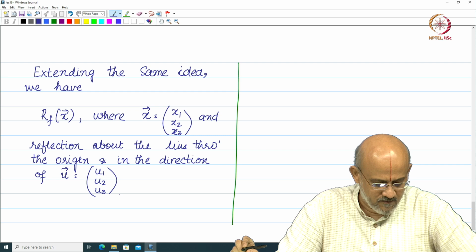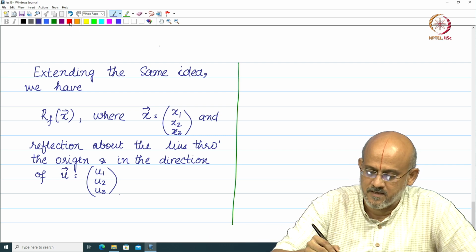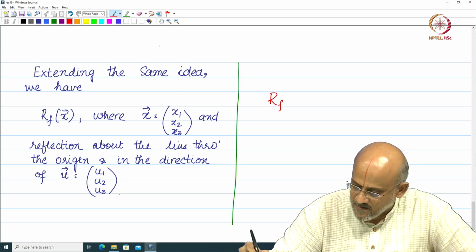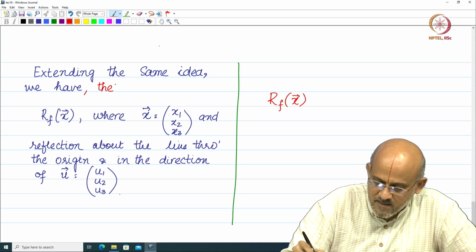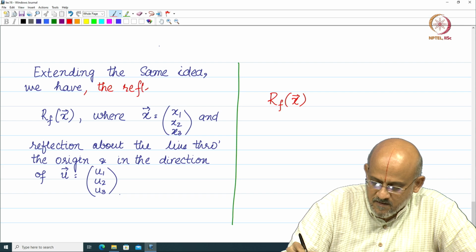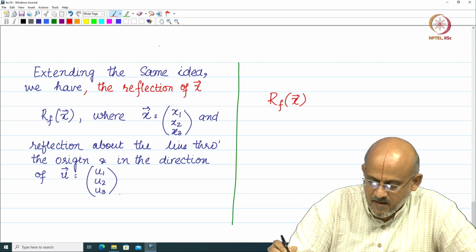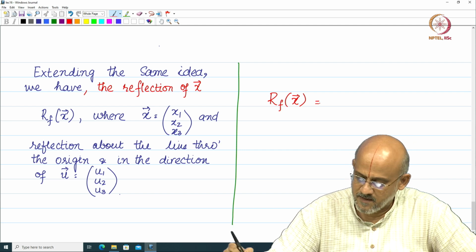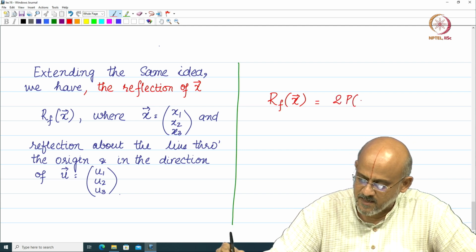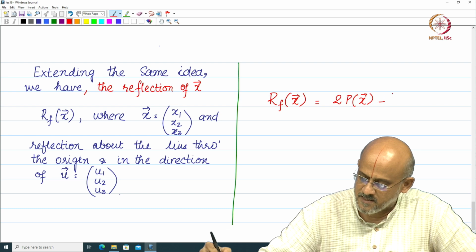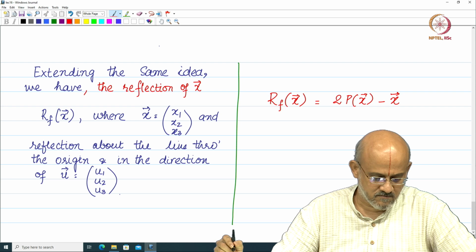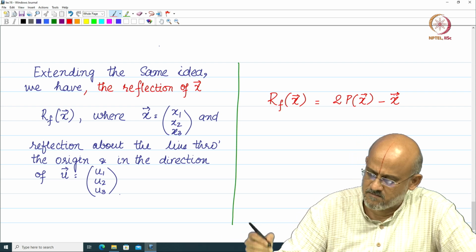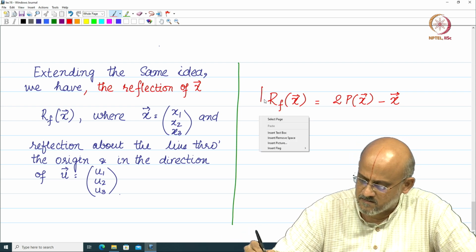So, what are we going to have? We are going to extend the same thing there. The reflection of x, R f of x, is given by 2 times p of x minus the vector x itself.